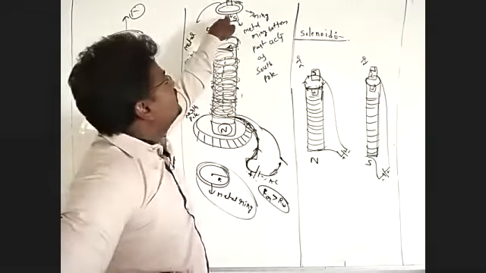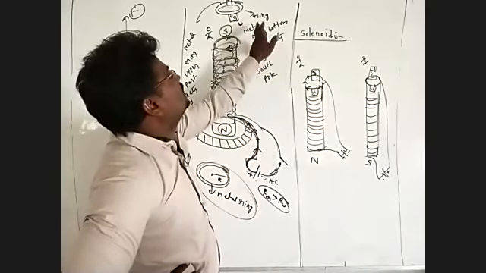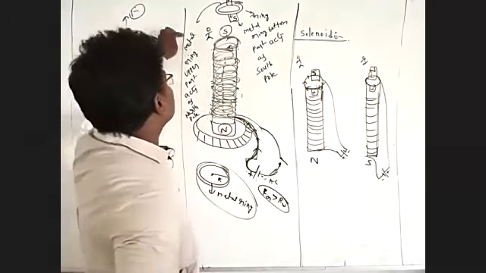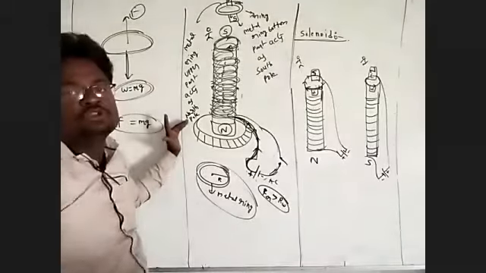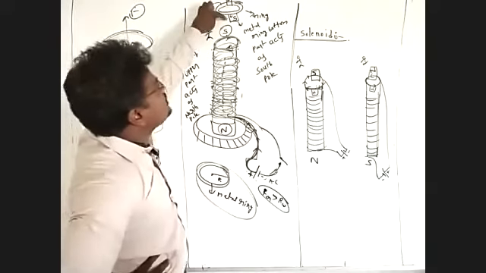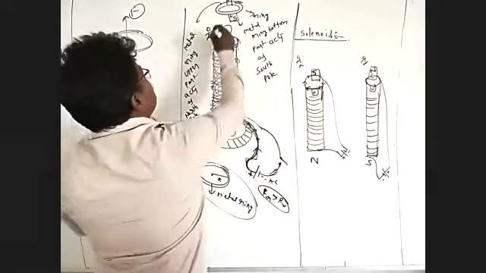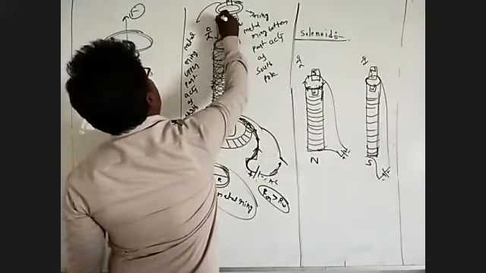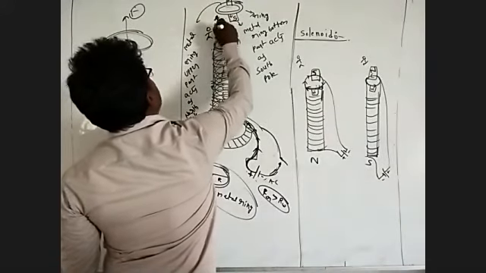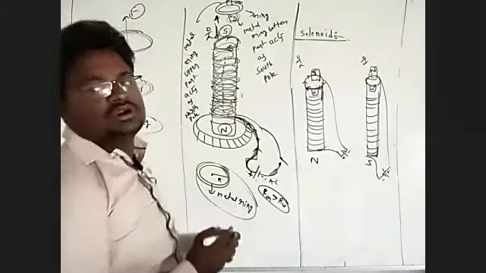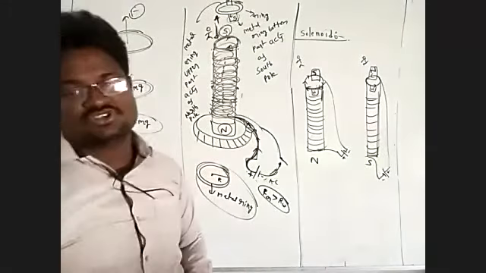The metal ring's bottom part acts as a south pole and its upper part acts as a north pole. The two south poles repel each other, so the metal ring moves in an upward direction.